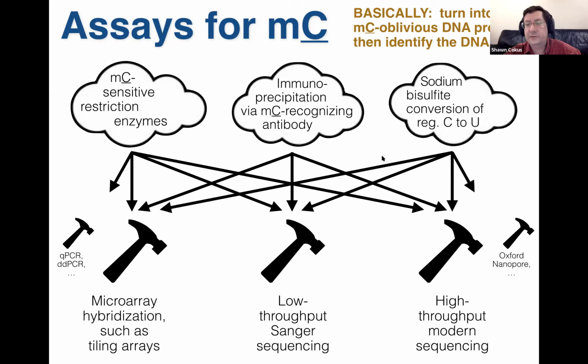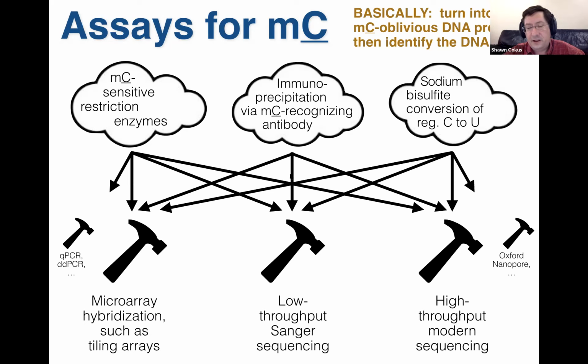So then once you transform the DNA, you have various methods you might try to examine the DNA. You might do microarray hybridization, that includes tiling arrays. You might do low throughput standard sequencing if you're interested in one locus. You might do high throughput modern sequencing if you're interested in a lot of loci. You've got qPCR, you've got emerging technologies like Oxford Nanopore that can actually bypass the three methods I talked about for changing the DNA and actually have some sensitivity directly to the modified nucleotide.